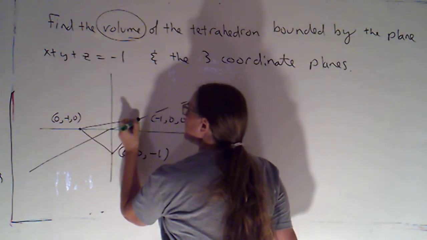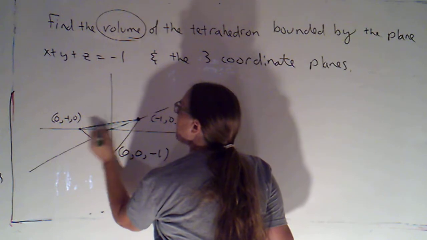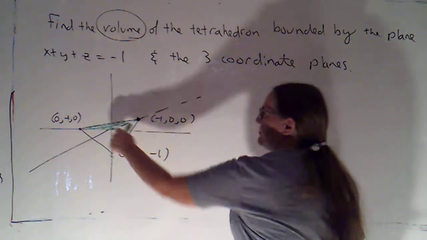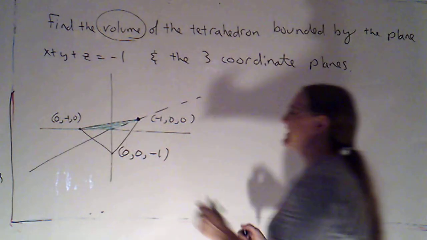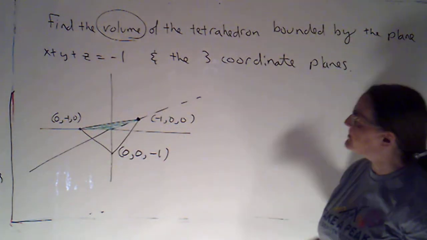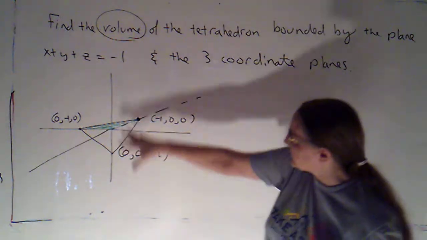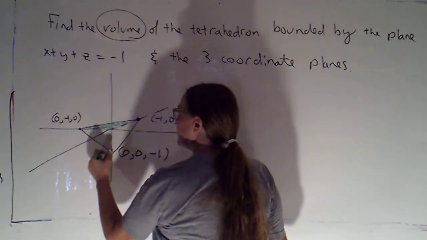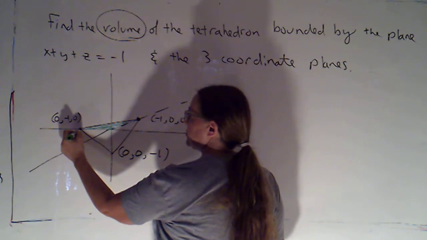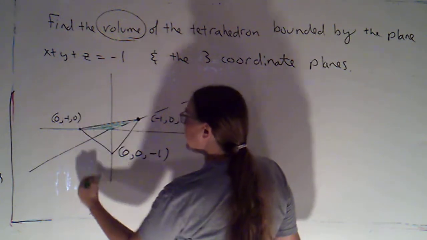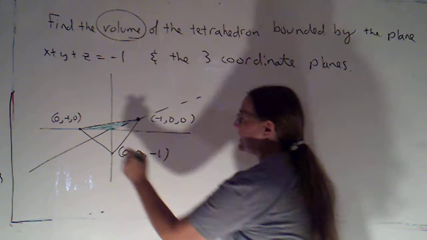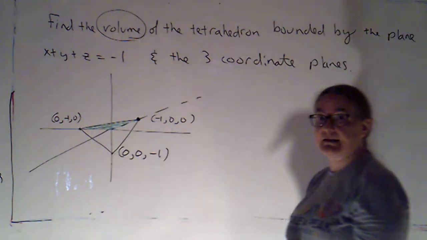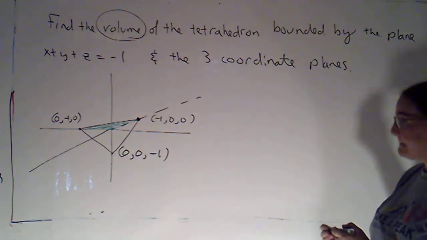Here's the triangle in the xy plane that I have. There's the origin, my x-axis, my y-axis, and the point connecting those intersects. Once I shade that, I can sort of see that it looks like this is lying below that. This right here would be the triangular section of the y-z plane that we're seeing, and this right here is the triangular section of the xz plane that we're seeing.